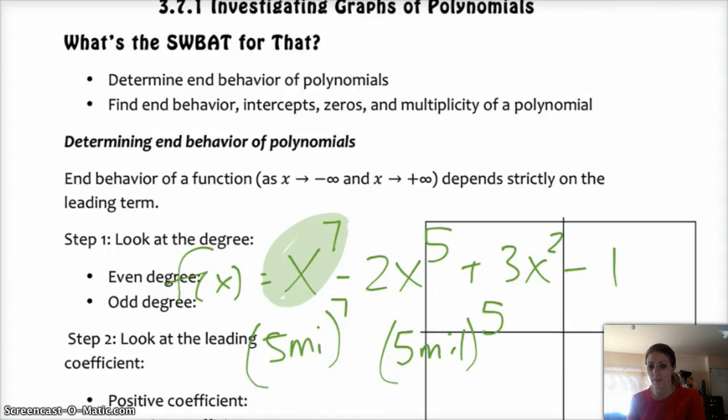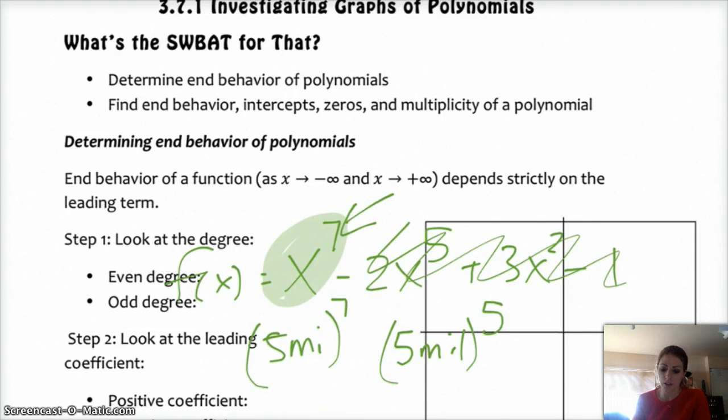So as x gets really, really big, those other terms don't really count as much. They determine the specific value, but the leading term determines the big picture behavior, the end behavior. So when you are trying to determine end behavior, you only need to look at the leading term.